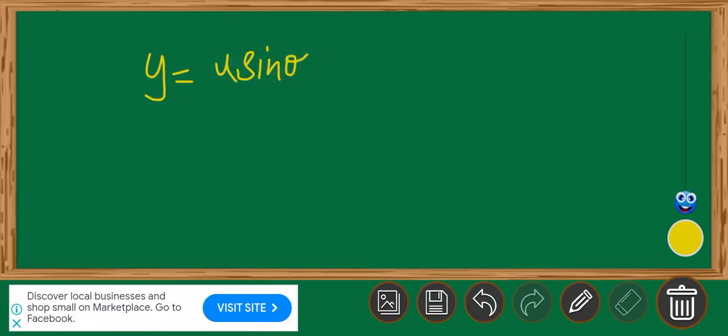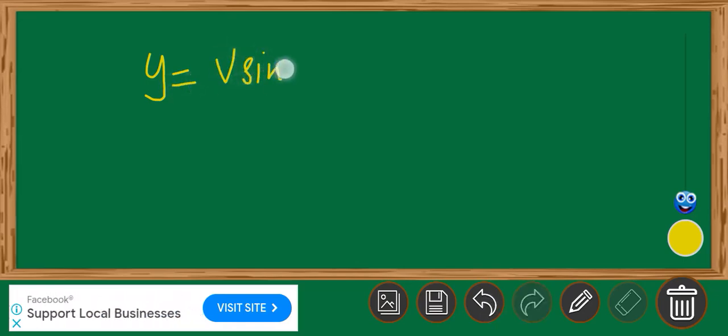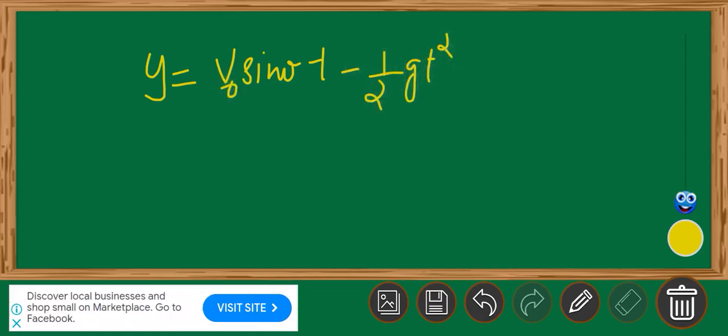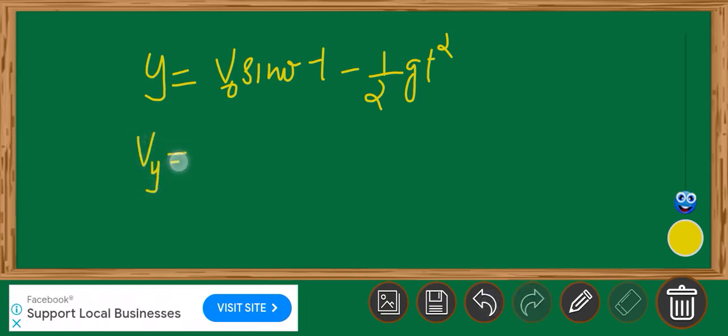So we have y equal to v0 sin theta t minus half g t square. Then we differentiate this to get vy, which is d by dt of y.